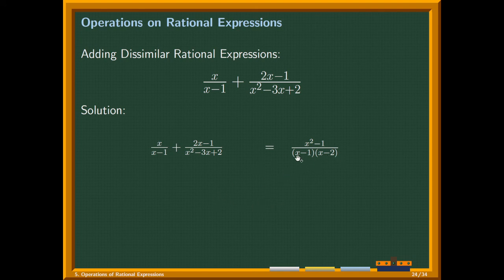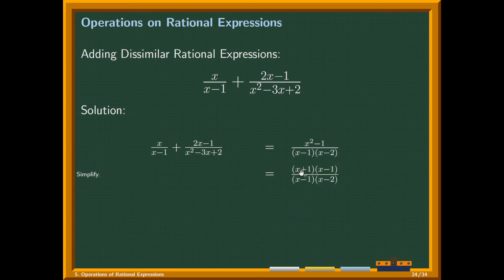And we simplify further by factoring because the numerator now becomes a difference of two squares. x squared is a perfect square, minus 1, another perfect square. So we factor. The result will be the product of the sum and difference: the quantity of x plus 1 times the quantity of x minus 1.